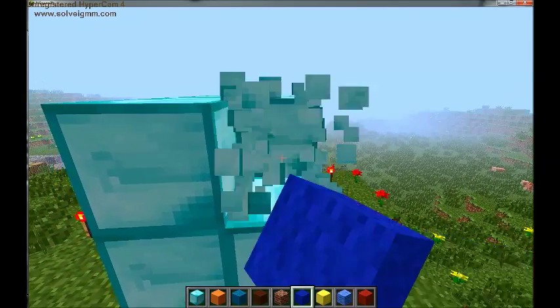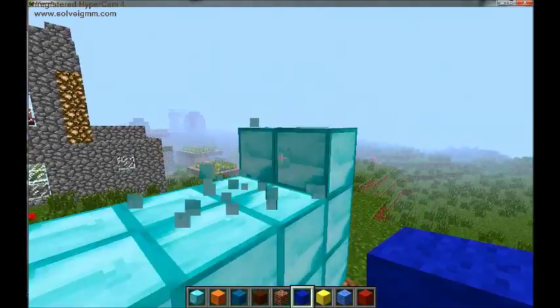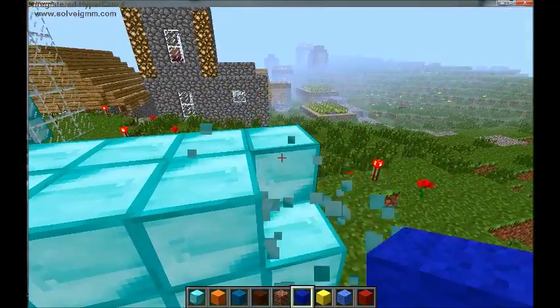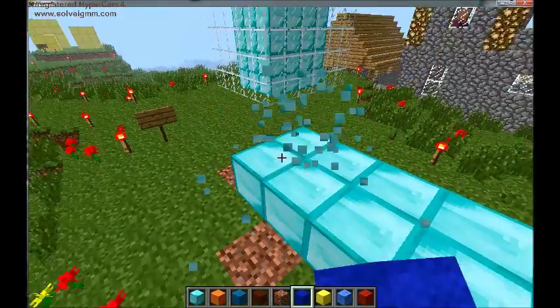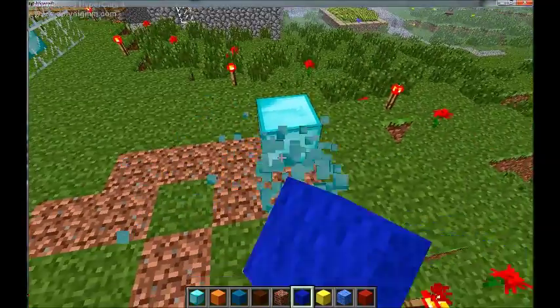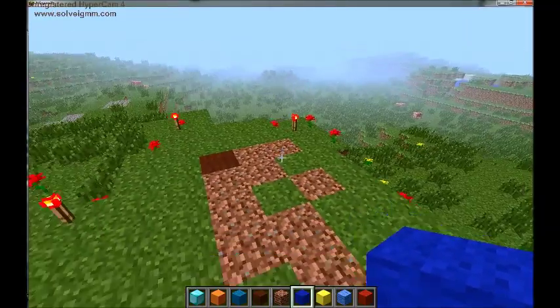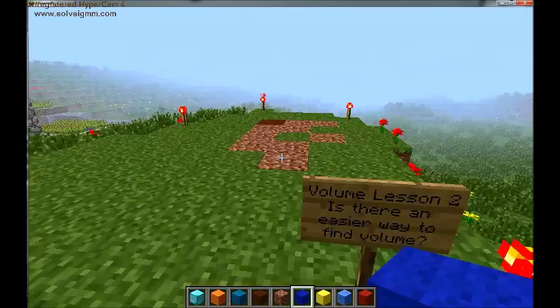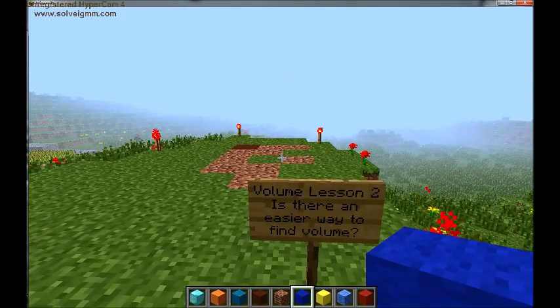Here we go. 1, 2, 3, 4, 5, 6, 7, 8, 9, 10, 11, 12, 13, 14, 15, 16, 17, 18, 19, 20, 21, 22, 23, 24. Aha, so the units cubed for the volume of that prism was indeed 24 cubic units.